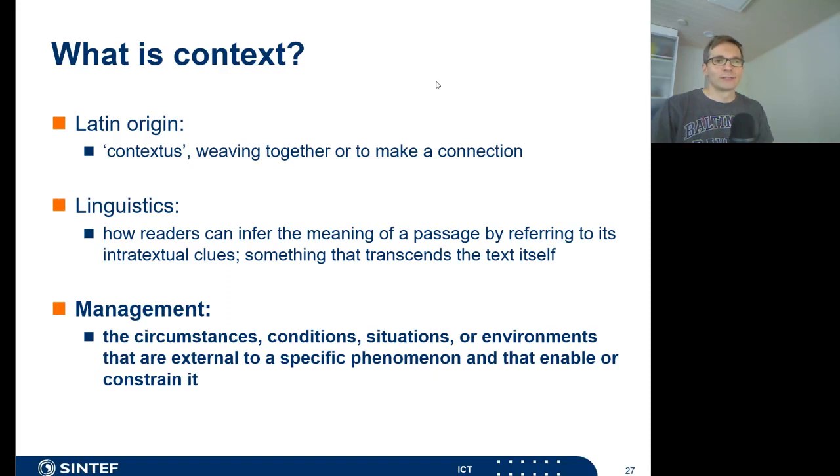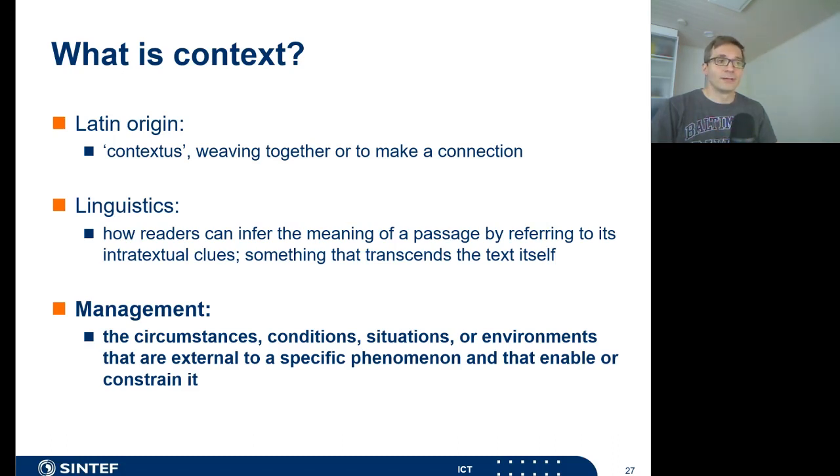What is context? It has several meanings. The origin, contextus, from Latin means weaving together or to make a connection. In linguistics, it means how readers can infer the meaning of a passage by referring to its intratextual clues, something that transcends the text itself.